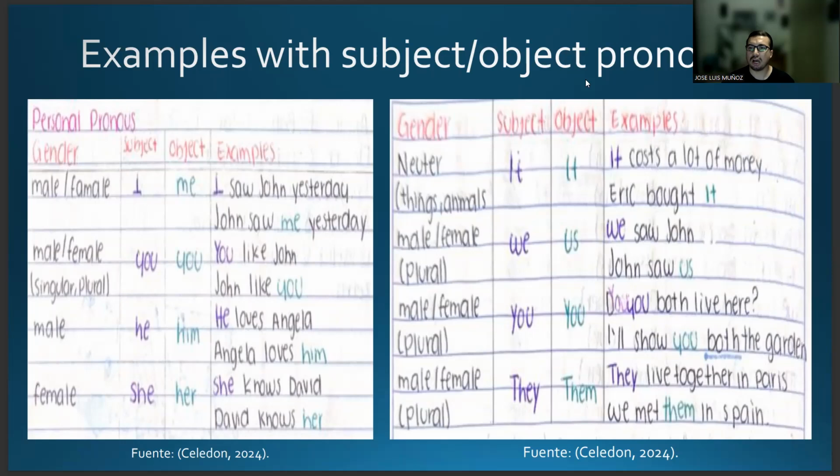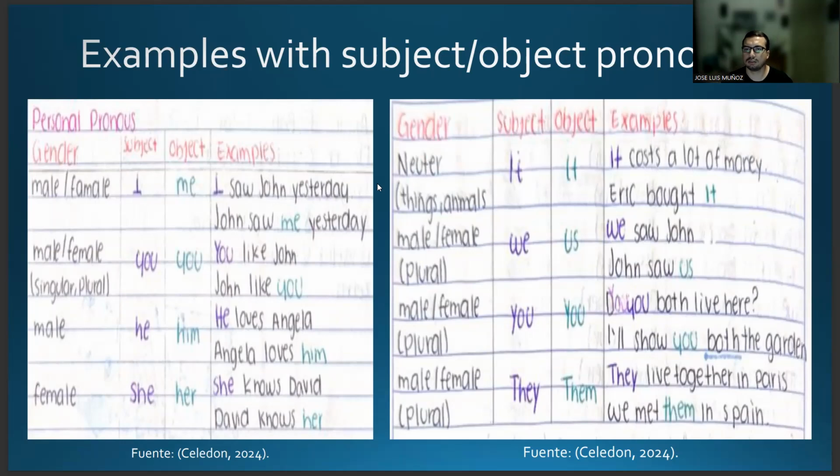Then you have another four personal pronouns. What are the other ones? Well, on the right side of the slide, we have subject "it", object "it". Example: "It costs a lot of money. Eric bought it." Then we have "we", subject, and object "us". An example: "We saw John.